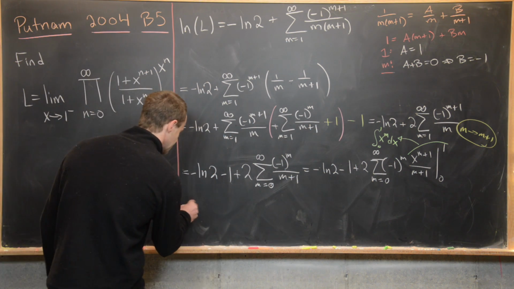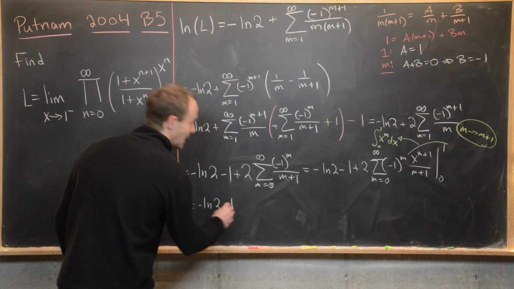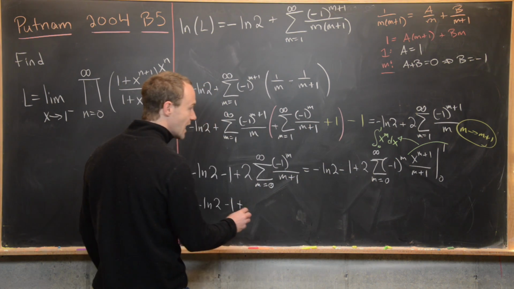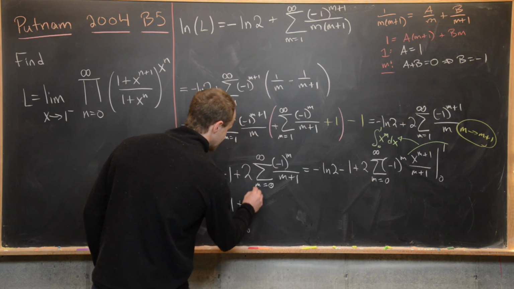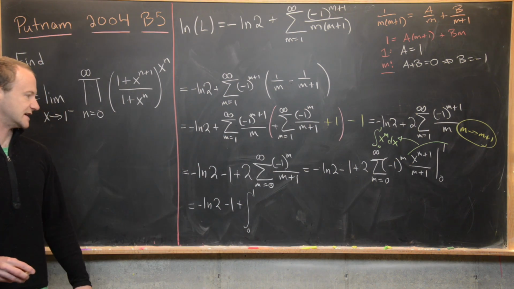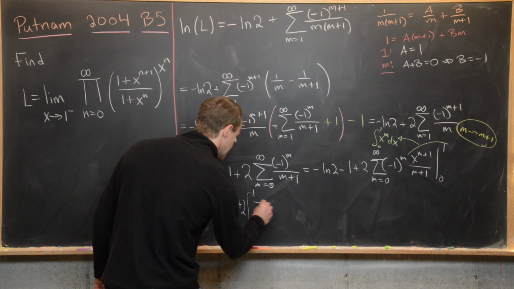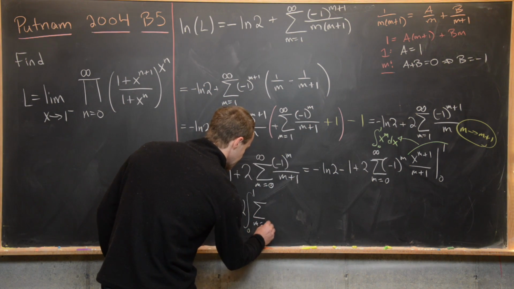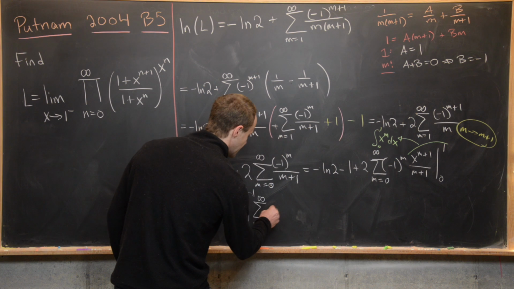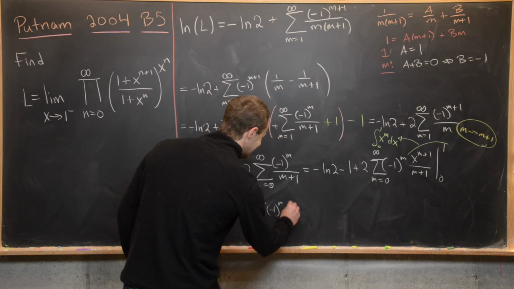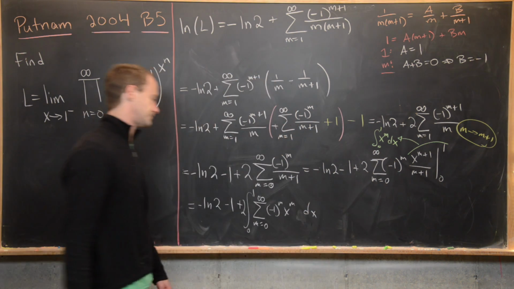So let's see what we have. So this is minus natural log of 2 minus 1 plus, now I'll bring the integral outside because we can do that in this case. Everything is nice. So we'll have 2 times the integral from 0 to 1 of this sum as m goes from 0 to infinity of (-1)^m x^m dx.